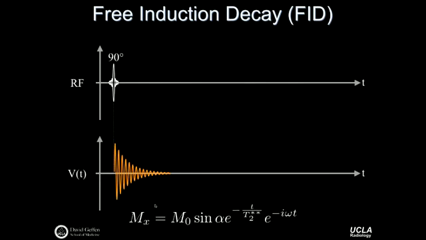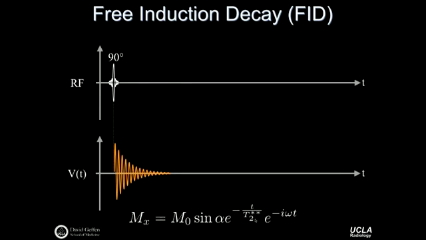But the bottom line is, you could write your Mx, your My magnetization. It is going to depend on the bulk magnetization that was available before the RF pulse, and on your flip angle. How far did you tip it over? Did you tip it by 90 degrees or just by 5 or 10 degrees? This dictates the overall amplitude. But that signal is not stable. We know that. It's going to be a signal that decays, and in the worst case scenario, it's going to decay as T2 star.